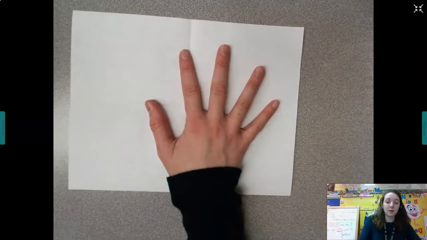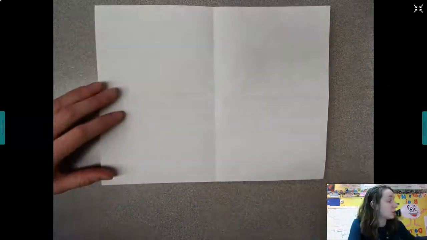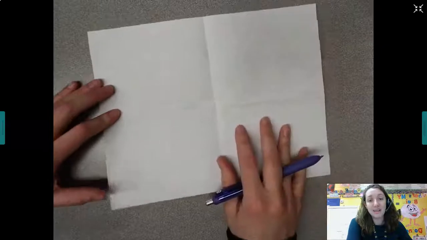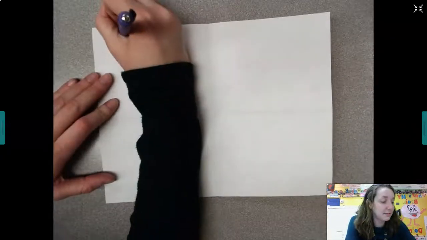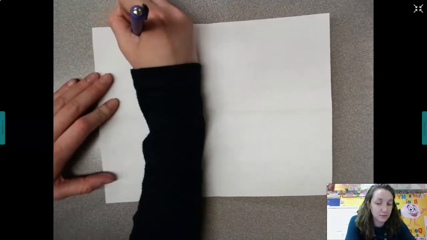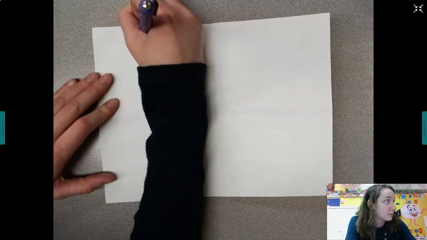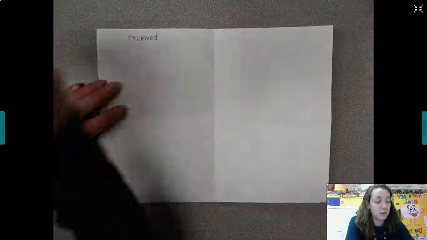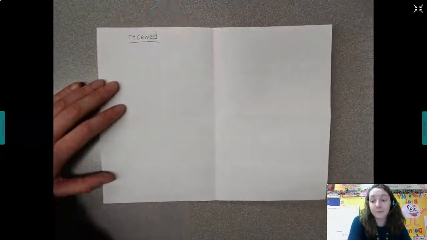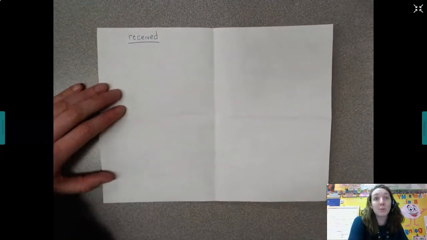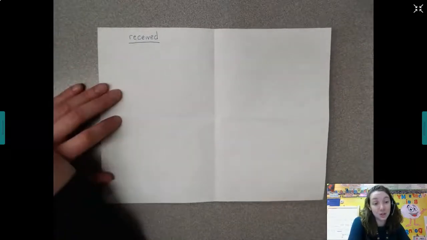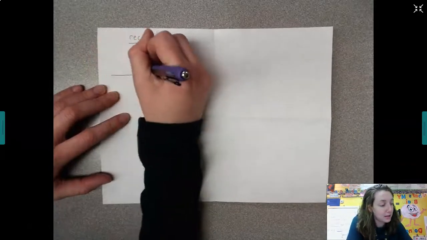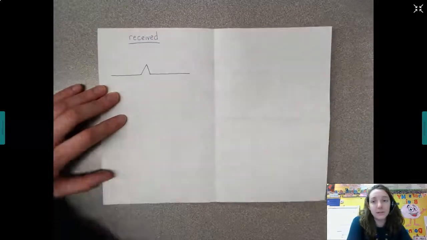Alright, so the first vocabulary word we're going to use is received. For received, we're going to use a bridge map or the analogy trigger. That's the one that looks like this and makes the comparison.